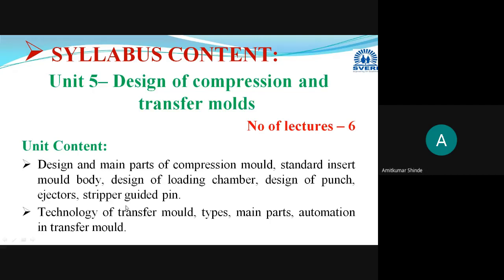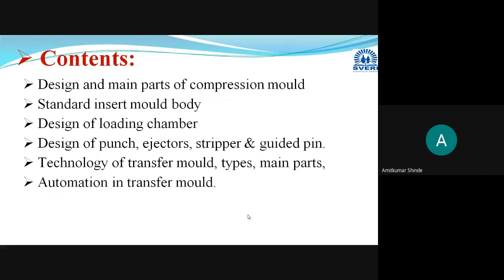The second part, part B of this chapter, will consist of transfer mold, its types, the main parts in the transfer mold and their functions. After that, we will discuss how automation can be done in the transfer molding process. These are the syllabus contents I have highlighted point wise.